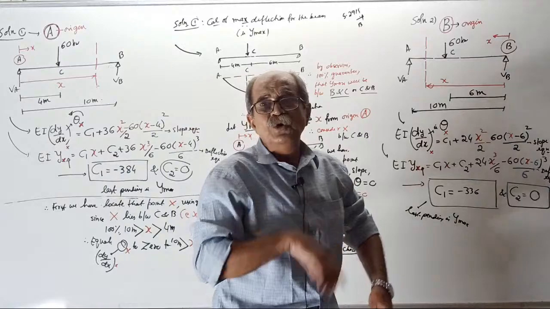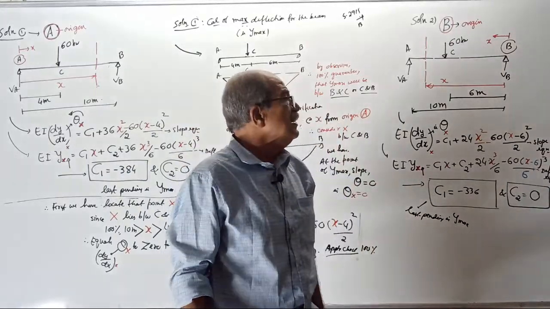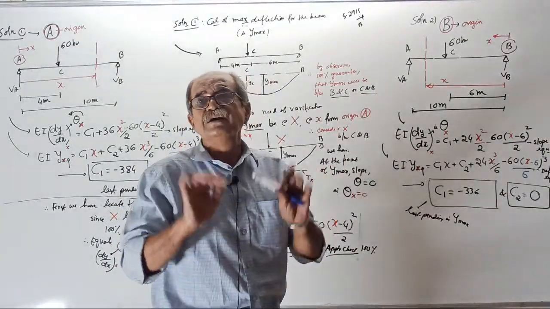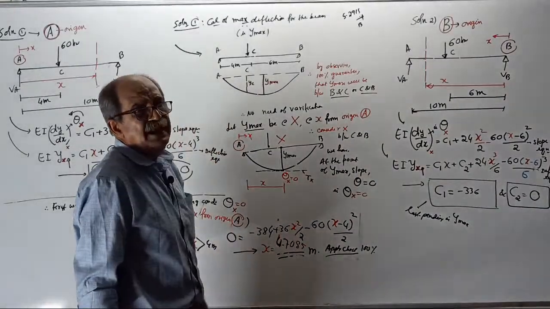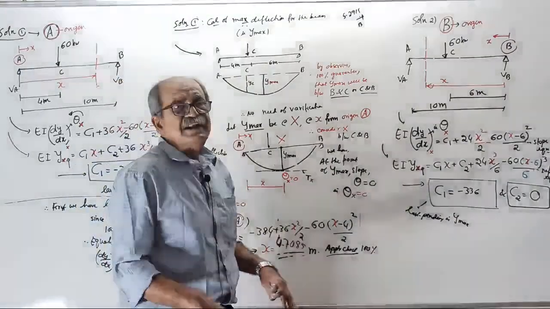This will tell you whether your range decided is correct or not. If you get any x value less than 4 meter, it is wrong. This complete calculation is wrong. If you get x anything less than 4 meter, our decision is wrong.